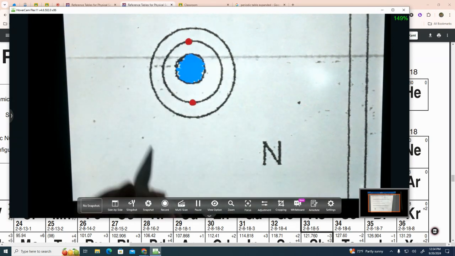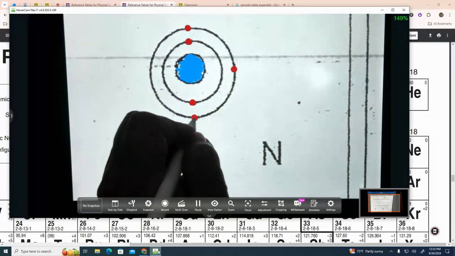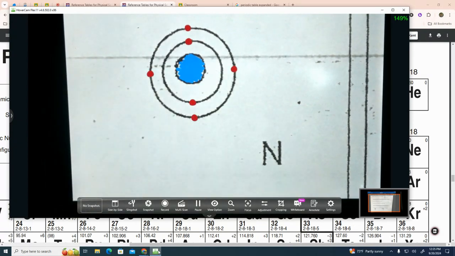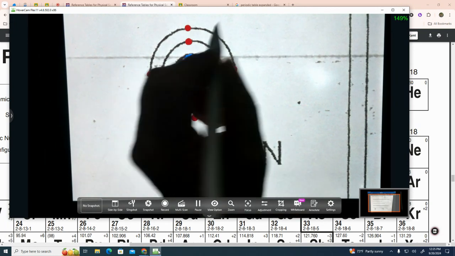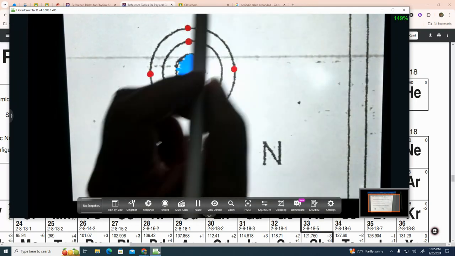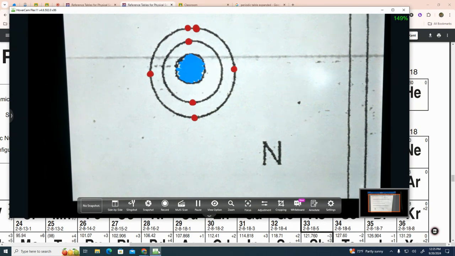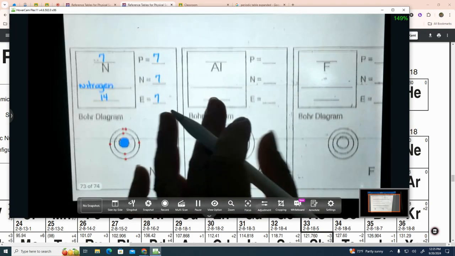In the second ring, I'm going to put 5 electrons. 12 o'clock, 3 o'clock, 6 o'clock, 9 o'clock. And then 12 o'clock. I think I wrote it in the wrong place. Yeah, 12 o'clock. Bohr diagram for nitrogen. Easy peasy lemon squeezy. Okay, let's do aluminum.